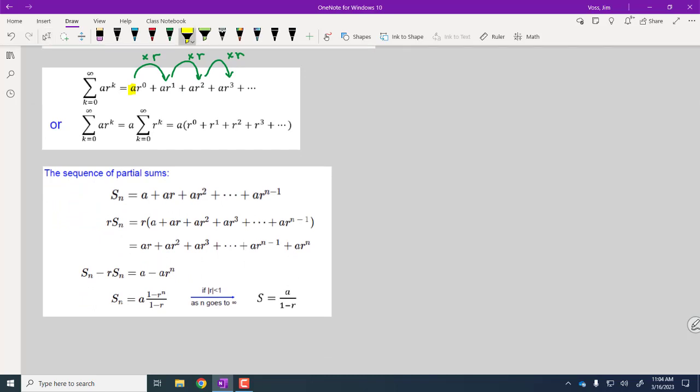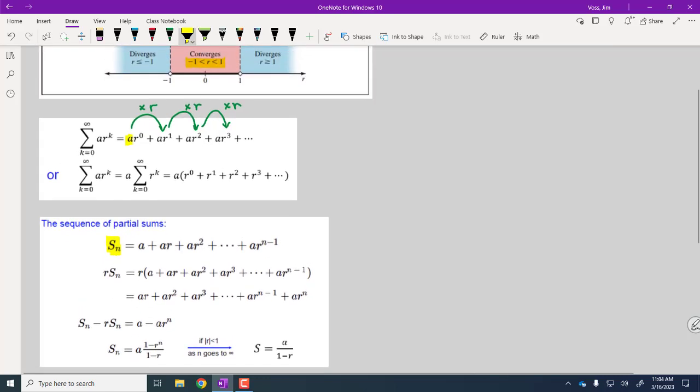So this S sub n is the sum of the first n terms. If you were counting beginning at 1, the index would go from 1 to n.